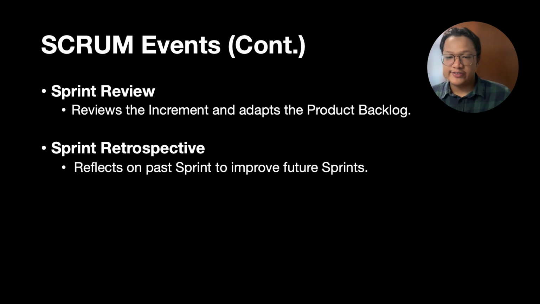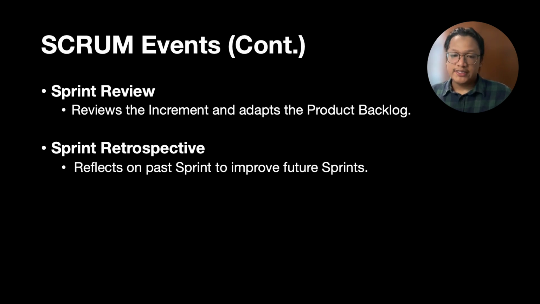In Scrum, we usually invite the stakeholders to make sure that the product can fulfill their requirements. And finally, the sprint retrospective is an opportunity for the team to reflect on what went well and what can be improved for the next sprint.